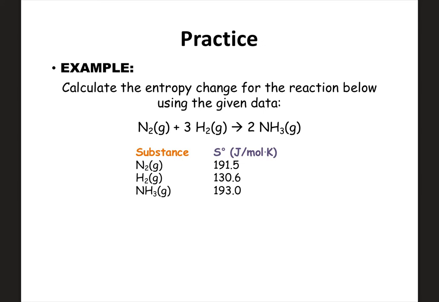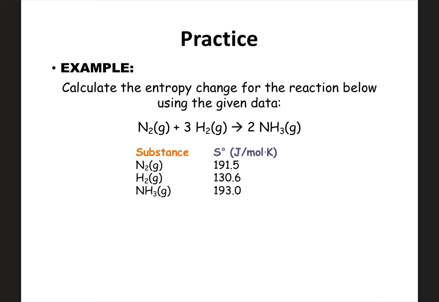So again, I pretty much know that I'm going to be essentially decreasing the number of moles of gas here. I'm going to end up with a negative delta S. My disorder is actually going down here. Again, not preferred, but based on what I see in the reaction, I should pretty much know that my delta S value is going to be negative in this case, but now we can actually do the problem here.